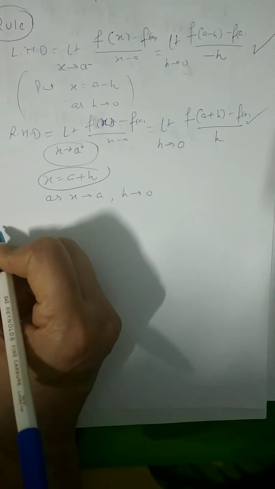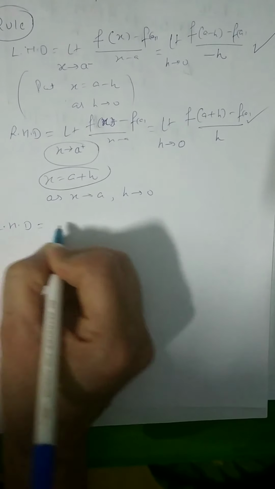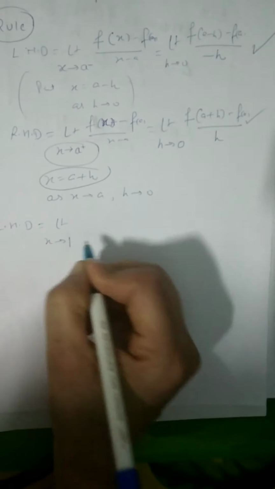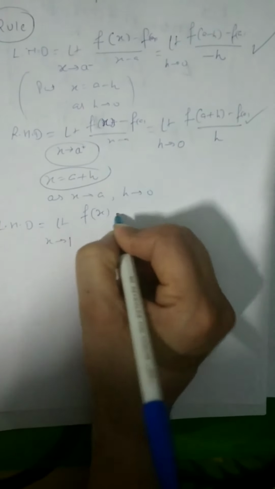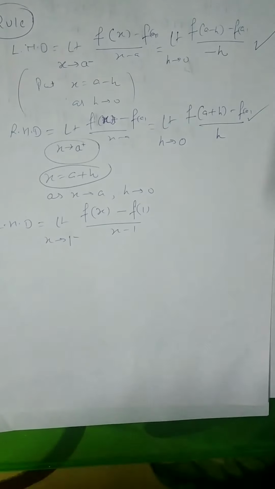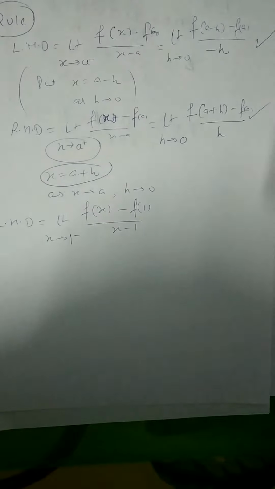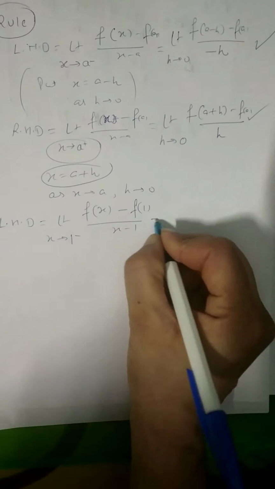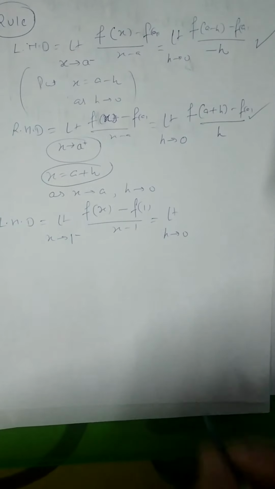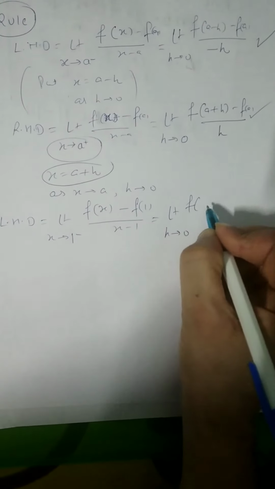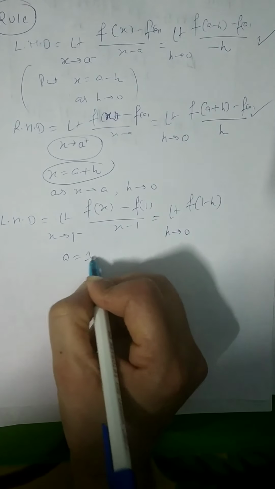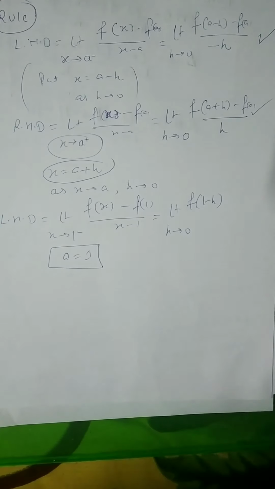For the given question, we check the left hand derivative, where x approaches 1 from the left side: (f(x) - f(1)) / (x - 1). When we put in the values, it reduces to h approaching 0 of (f(1 - h) - f(1)) / (-h), because a is 1 in this question. We are checking the derivative at 1.